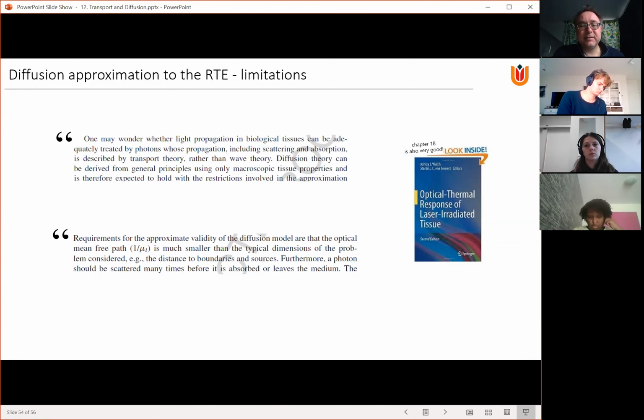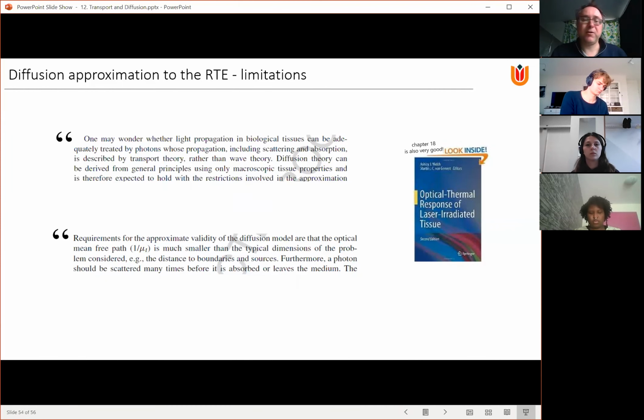The requirement is that the optical mean free path, so one over the coefficient, basically the path between collisions or absorption events, is much smaller than the typical dimension of the problem. So that has to be less than the distance between where the light enters and where it escapes, or where a boundary or a source is.